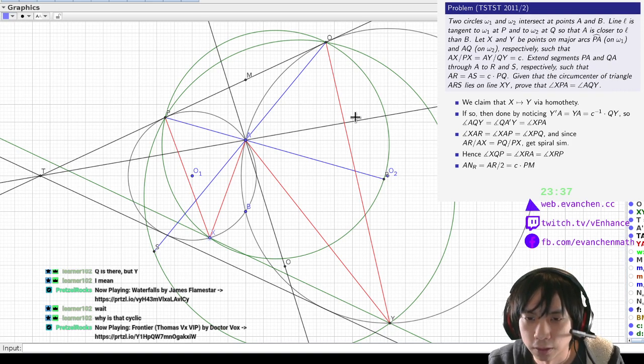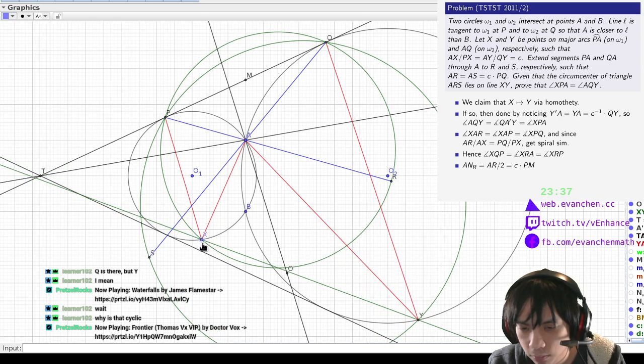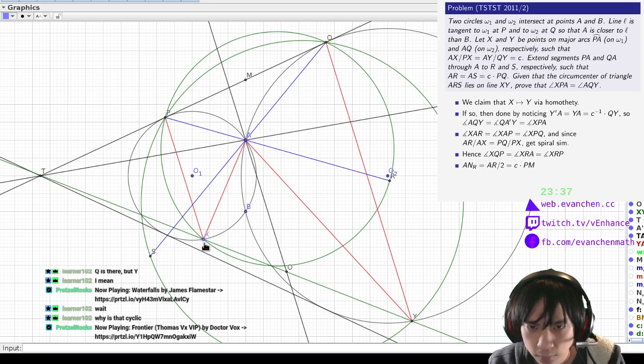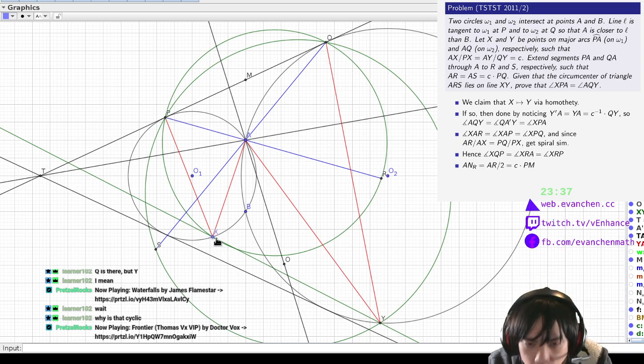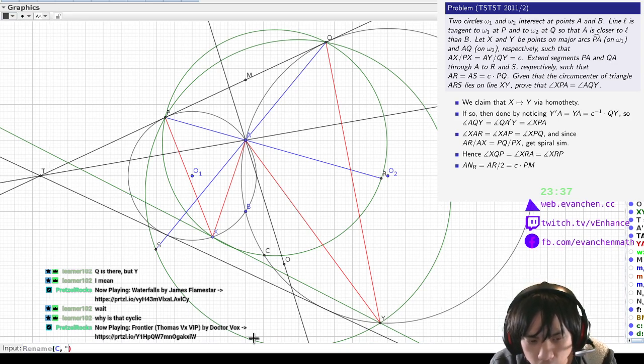Okay, so we get that cyclic quad just out of the spiral sim. XPQR is always cyclic. And then YQPS is also cyclic. So if that's the case, then by power of a point, the other intersection here, we'll call it X prime.